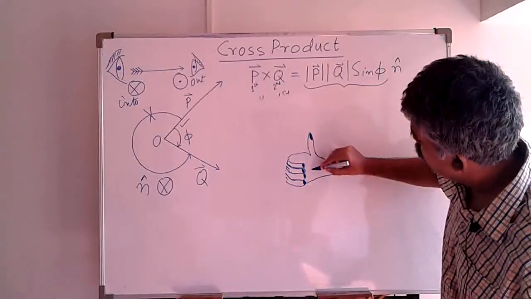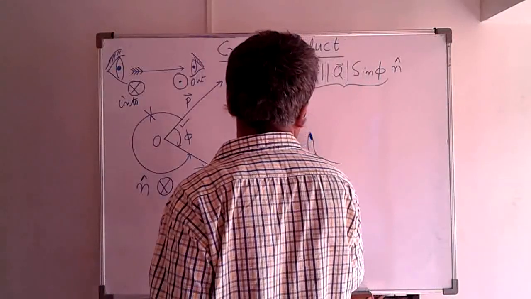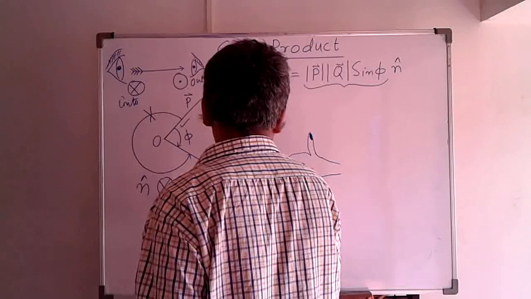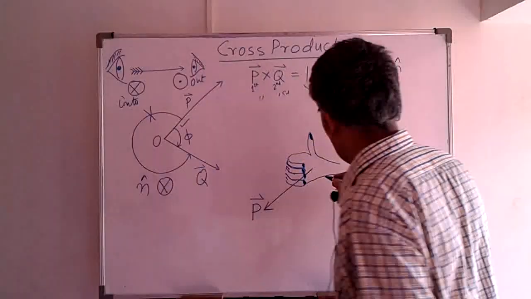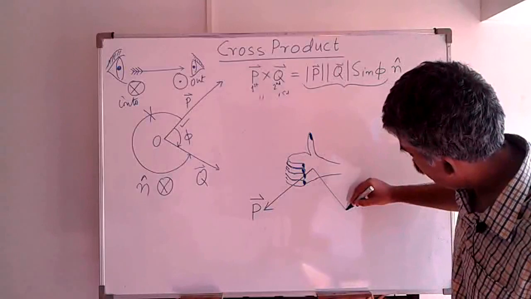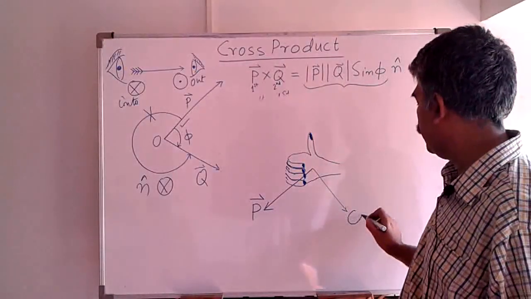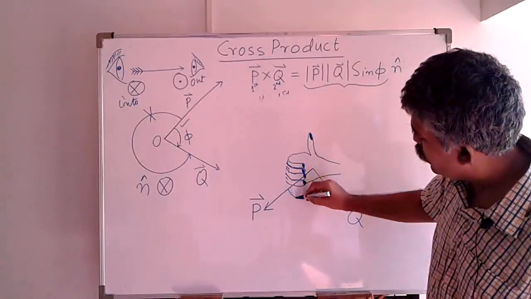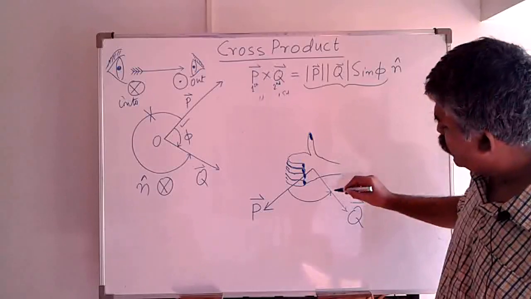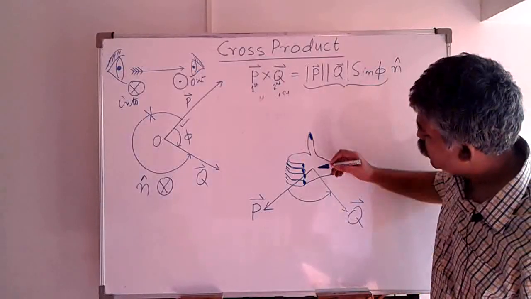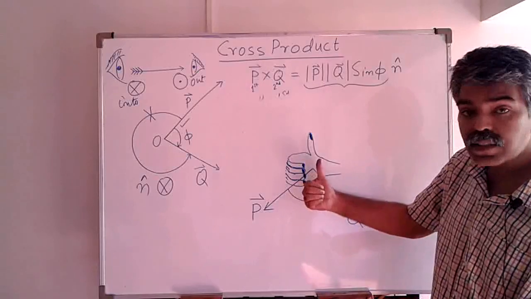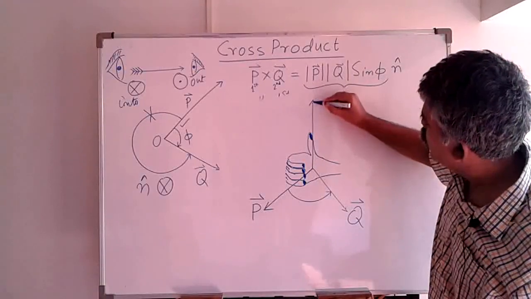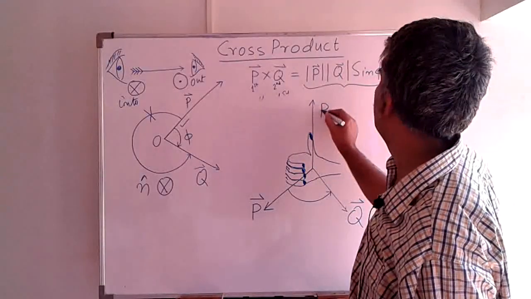Now if this vector is P and this vector is Q, both coming out of the plane of the board, you are rotating from P to Q, right? You are rotating it from P to Q like this, and this thumb will give the resultant vector P cross Q.